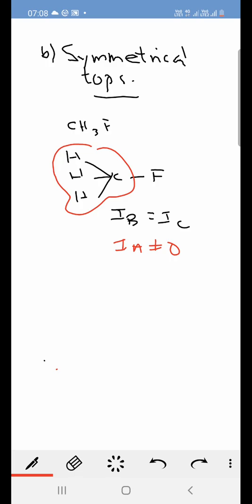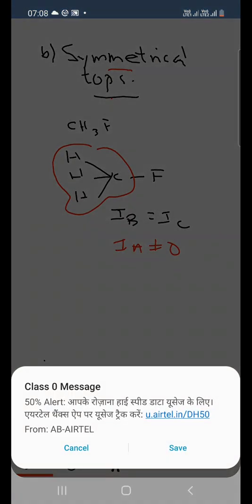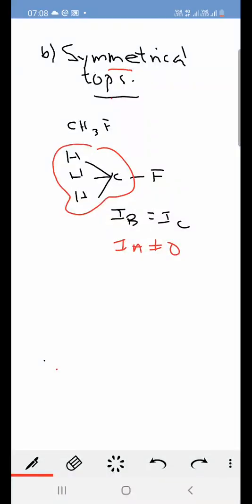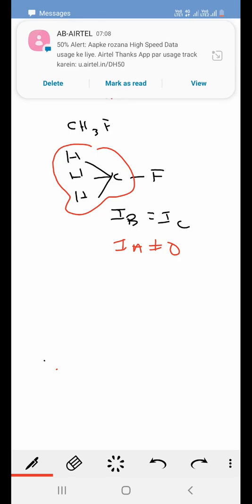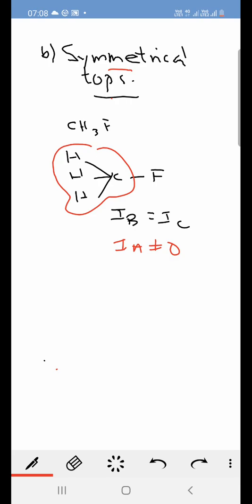There are two classifications of the symmetrical top. The first case is where IB is equal to IC and IA is less than IB, so the end to end rotations owing to inertia are more than the bond axis rotation.